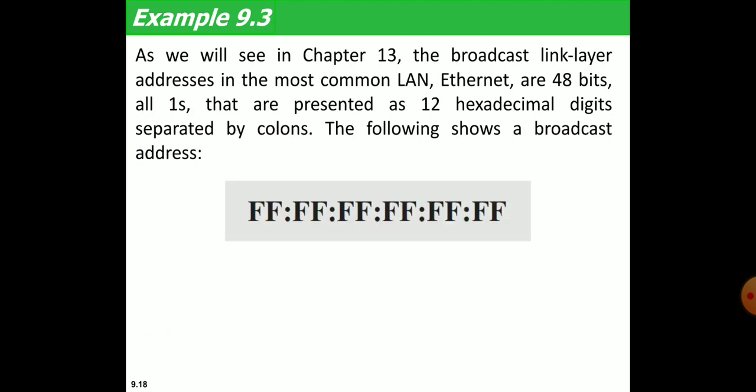And the third one is the broadcast address. It is going to be all F. My 12 hexadecimal digits are going to be F, separated by colons. Then it is said to be a broadcast hardware address. So friends, this is all about the 3 types of MAC addresses.